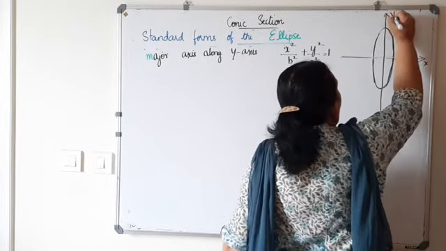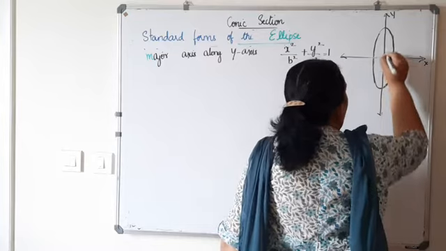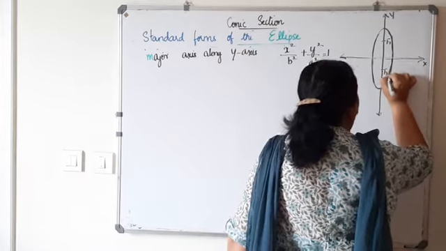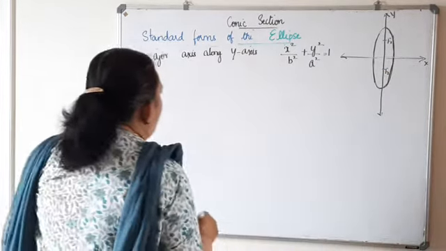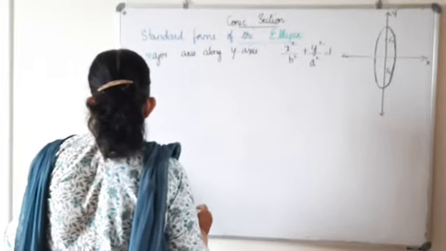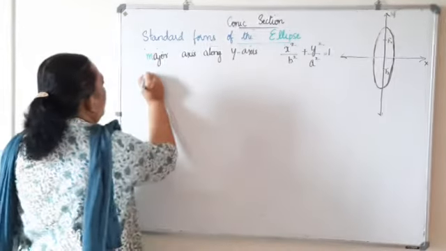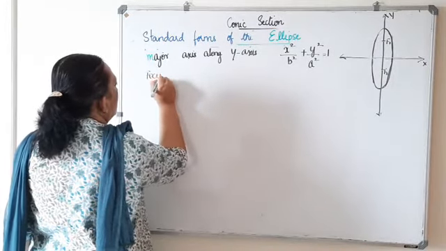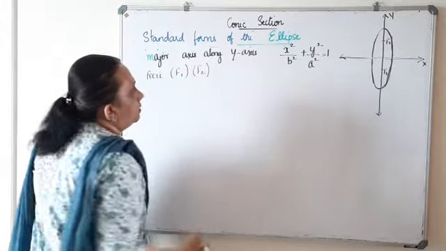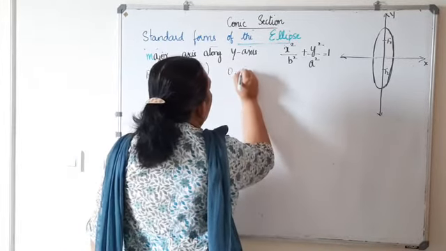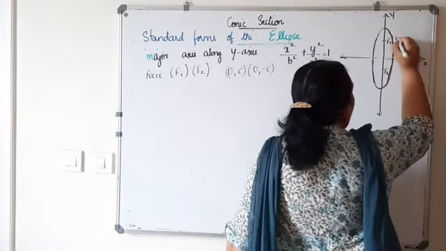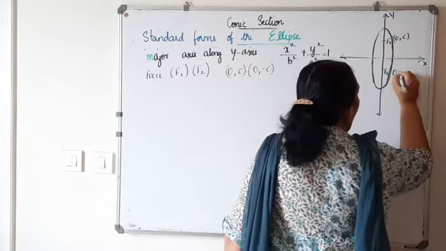X-axis, y-axis, foci F1, F2. Foci F1 comma F2, that is, here it is 0 comma c and 0 comma minus c.